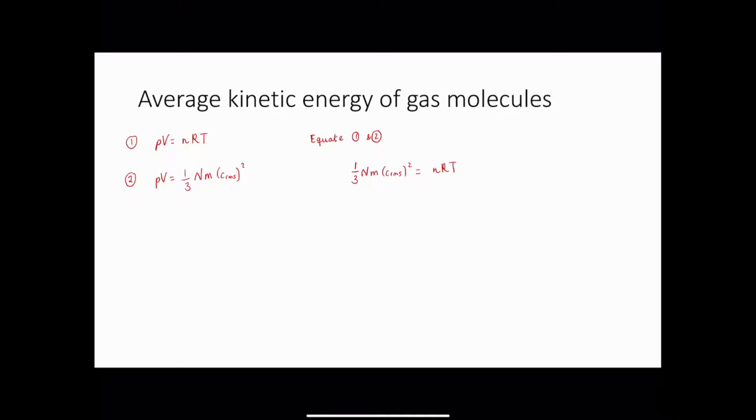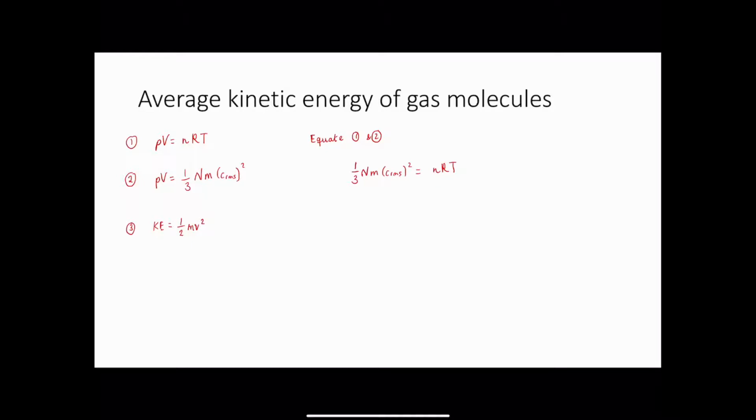Now, we know that the kinetic energy is normally equal to 1/2 mv squared. So we want to try and put our equation that we've got here into a form like our normal kinetic energy equation.